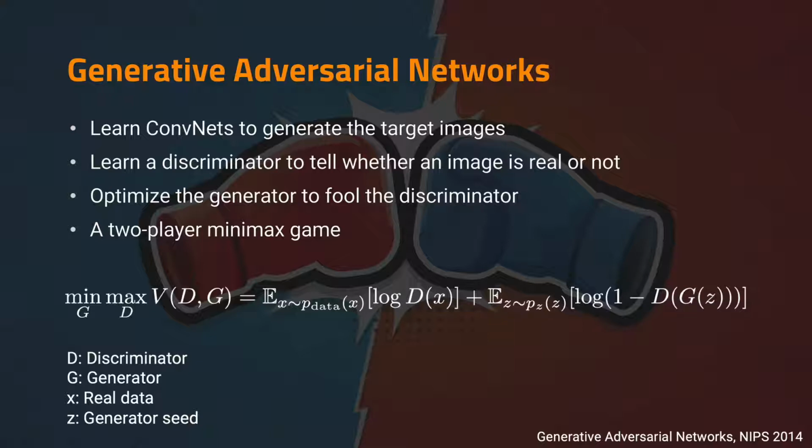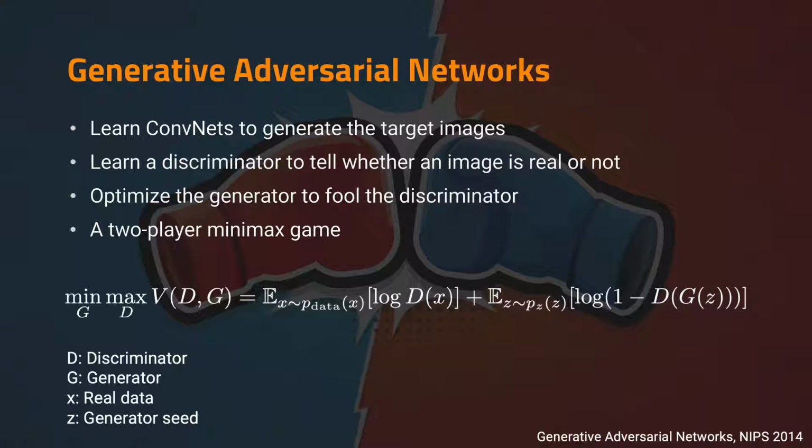And the second component is a discriminator to tell whether an image is real or not. Then at learning time, we want to optimize the generator to fool the discriminator, and then optimize the discriminator to tell that the image generated is actually fake. In the end, this is a two-player minimax game.